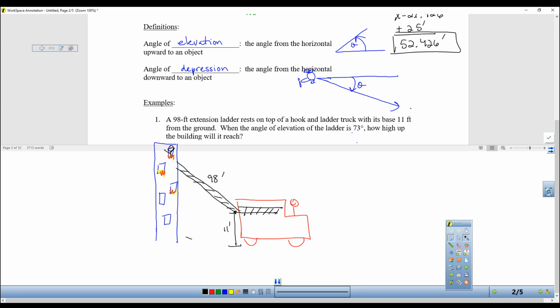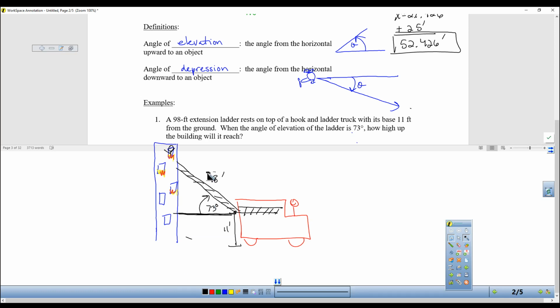Some towns have tall buildings, some don't. So it does make a difference which truck you get. Obviously, there's different angles that are safe to put the ladder at. This one rises at an angle of elevation of 73. So just like the one with the sun, this is our horizon at that point, and then this is called the angle of elevation.